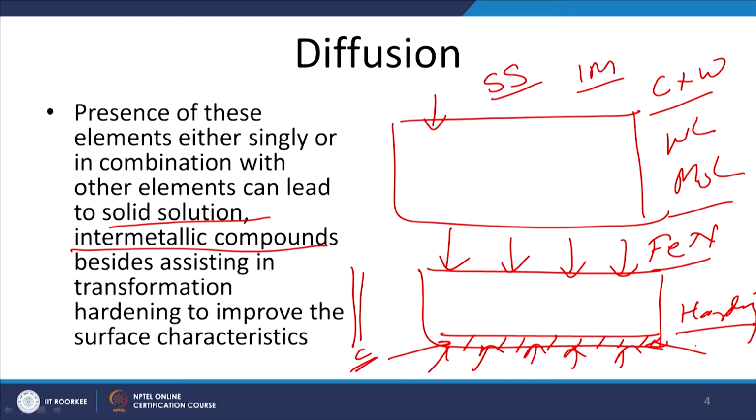So, in one case the required compounds and phases are formed directly with the presence of certain elements, either singly or in combination, while in other cases the presence of some elements is required for facilitating the further transformation of the phases, so that the required set of properties can be obtained to improve the wear and friction behavior of the material.